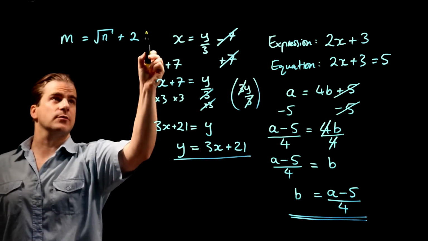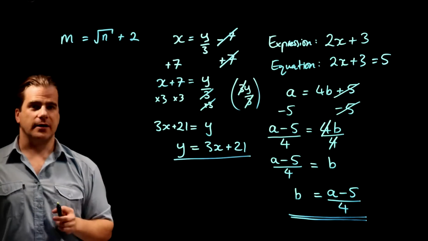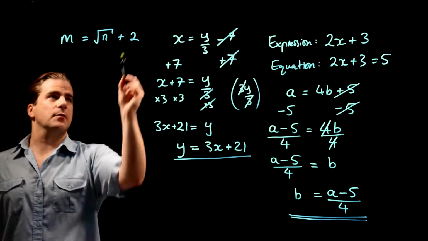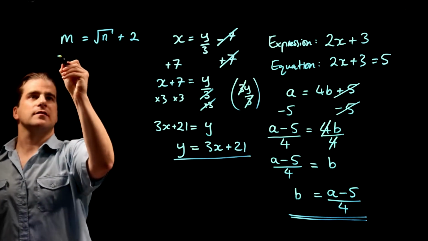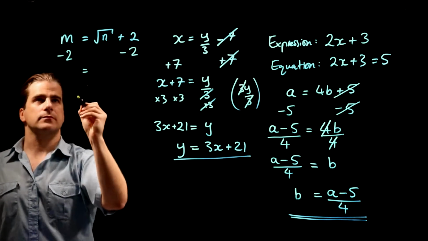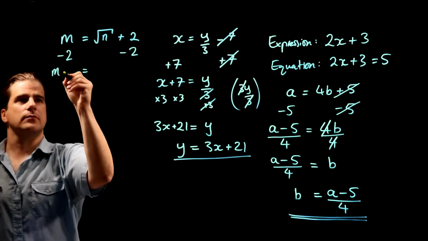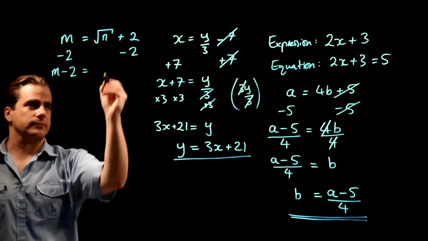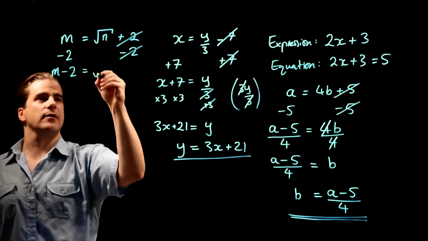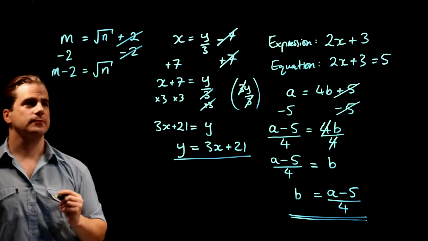It doesn't extend all the way over here. So to make n the subject, we want the 2 over here, so let's subtract 2 from both sides. We get m minus 2 on that side, and the plus 2 minus 2 cancel. We're left with just the square root of n on that side.